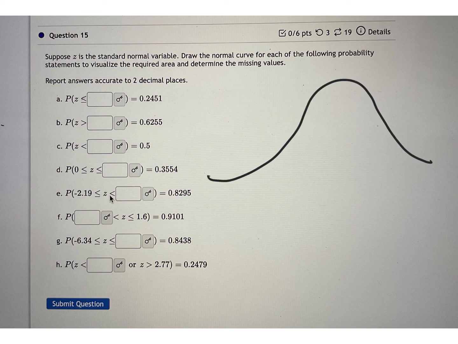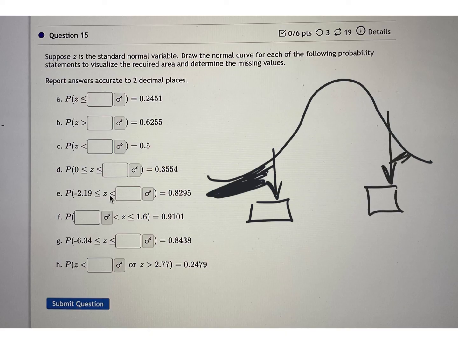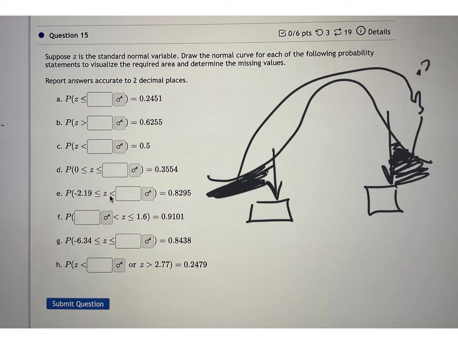All right, so this says Z is less than some number, going over here, or it's greater than some number up here. And this total area, this total black area together is 0.2479.